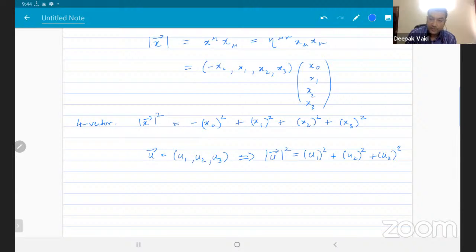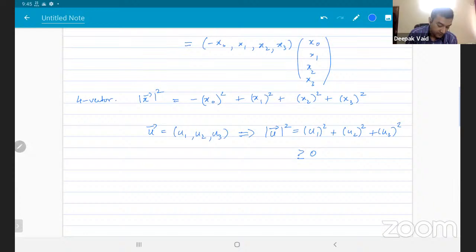Now these are all squares, right? So these are all positive numbers. So this is the sum of 3 positive numbers. So that means this will always be greater than or equal to 0, right?